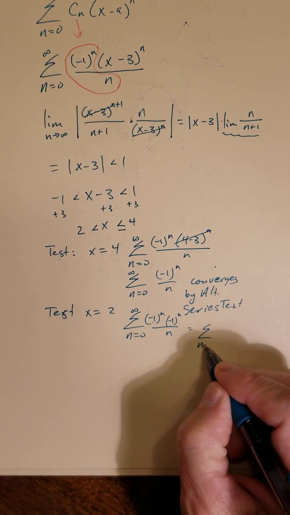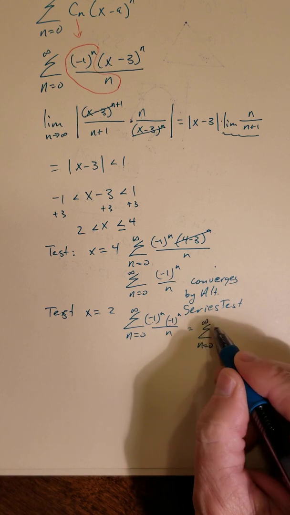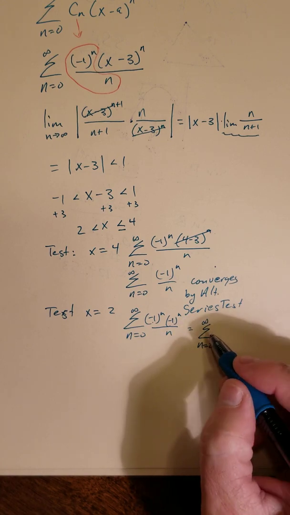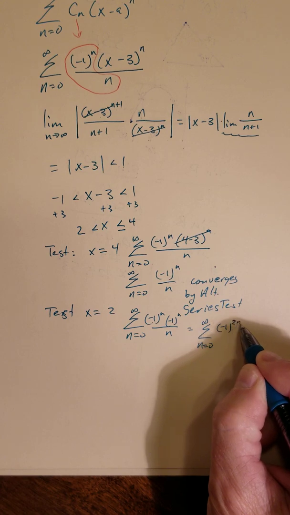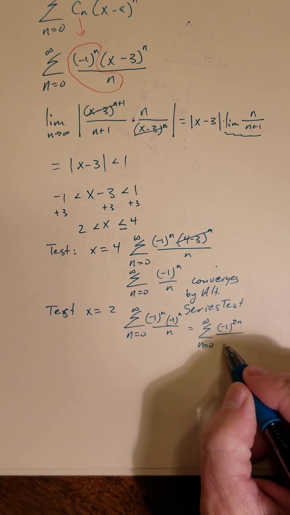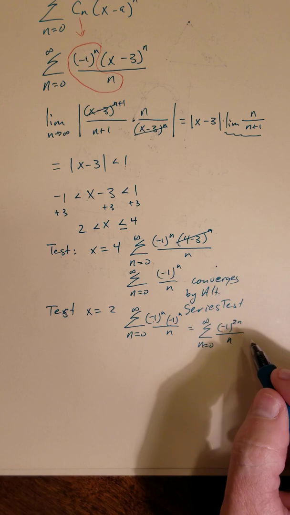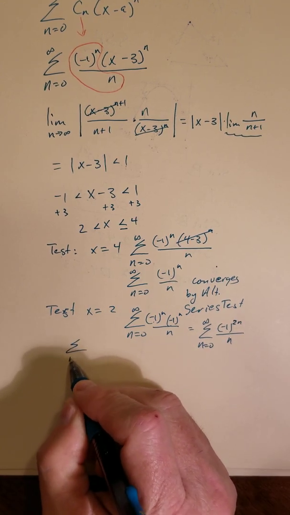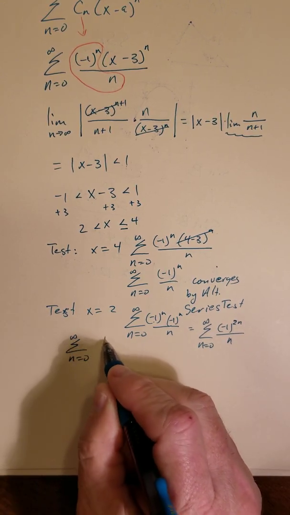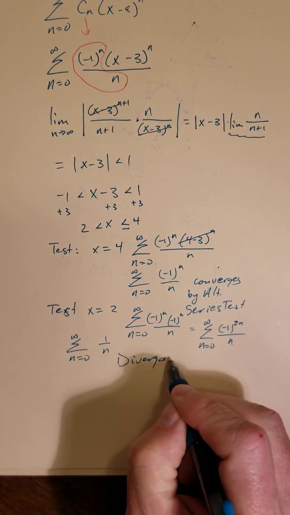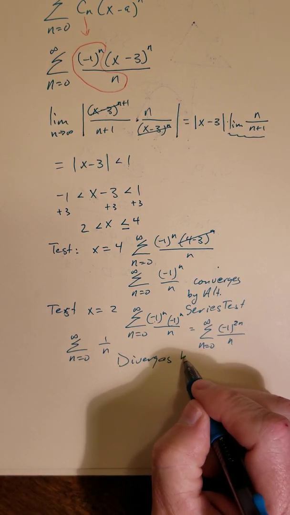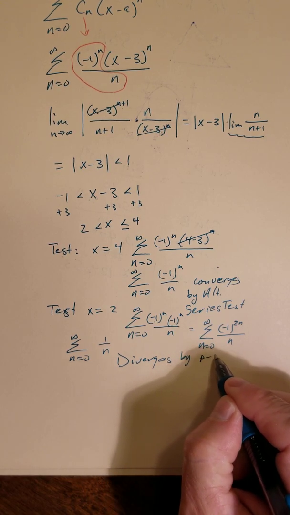Technically, it's the sum of (-1)^(2n), which is just going to be 1. So this becomes just the series sum from n equals 0 to infinity of 1 over n, which we know diverges by the p-series.